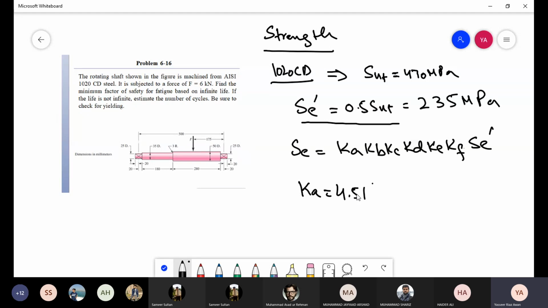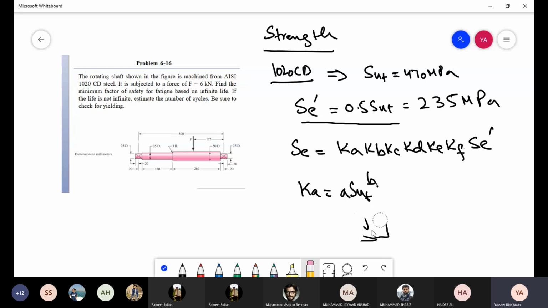So the surface finish equation is a SUT to the power b. Remember these a and b are different from the other a and b that we have read in this chapter. So don't confuse these two.